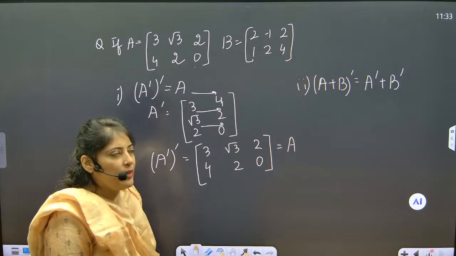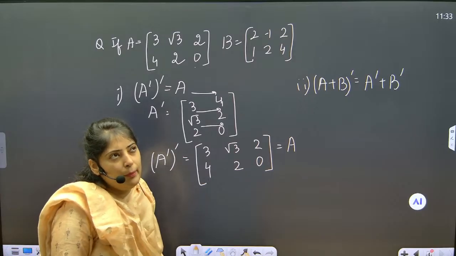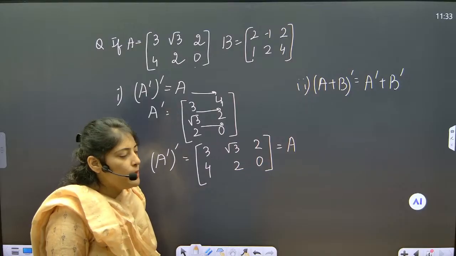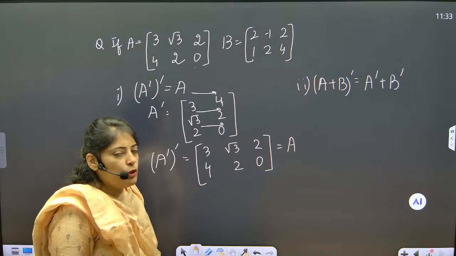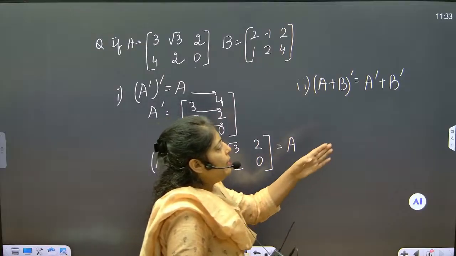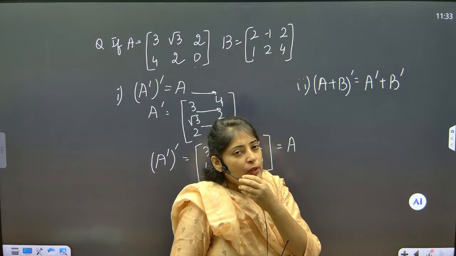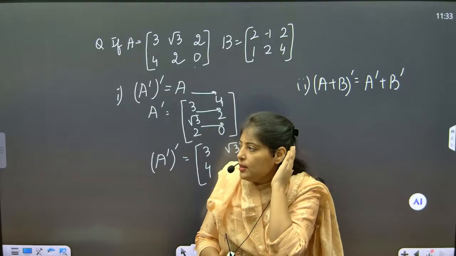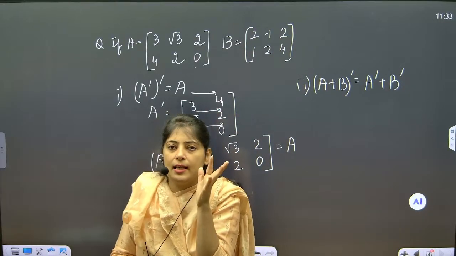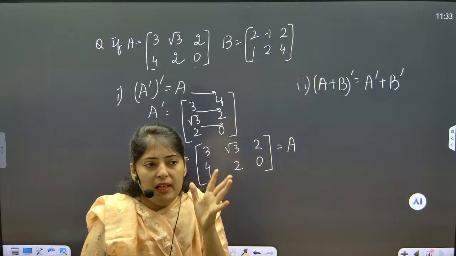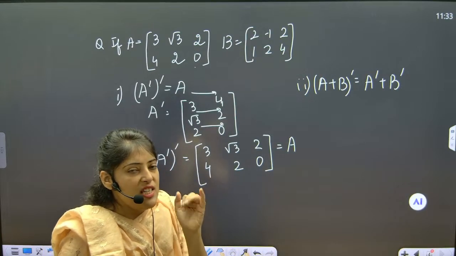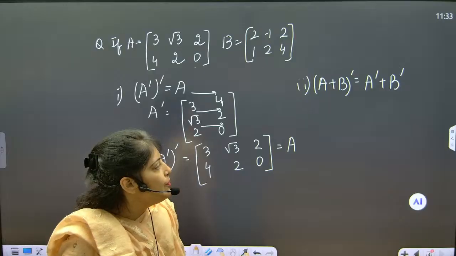Multiplication is also commutative for numbers. So for the plus, no need to write B transpose plus A transpose, because addition of matrices is commutative. Multiplication of matrices is not commutative.